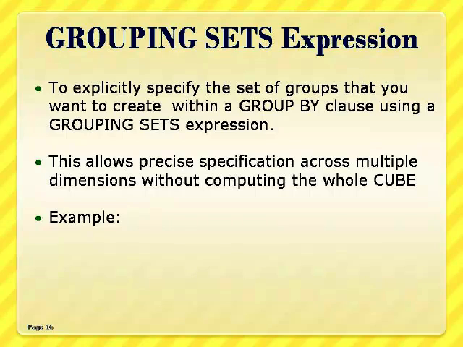If explicit control is not required, the cube and rollup operators provide a more concise specification. For example, if the query involves subtotals over two dimensions, say A and B, then you can denote only certain desired combinations of these dimensions by using the grouping sets operator.